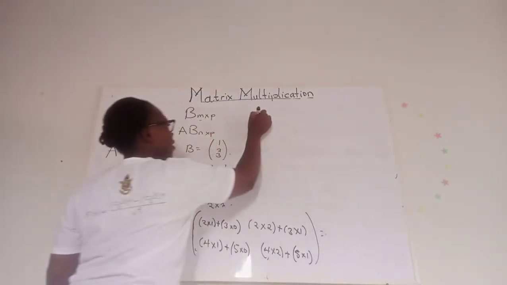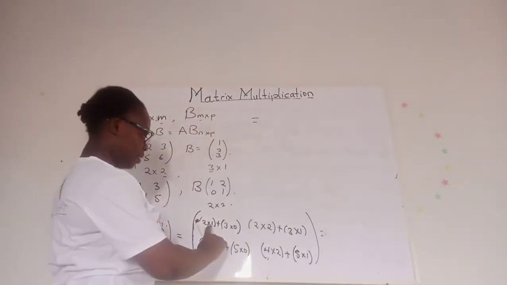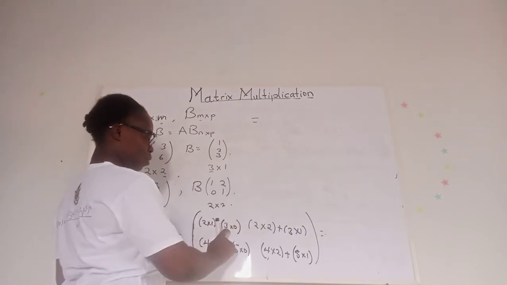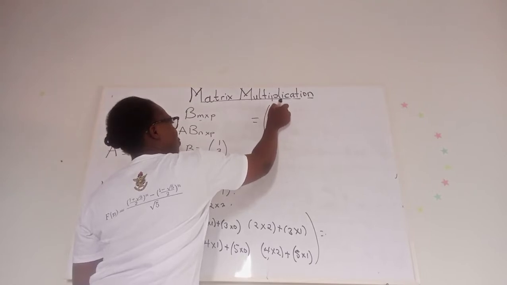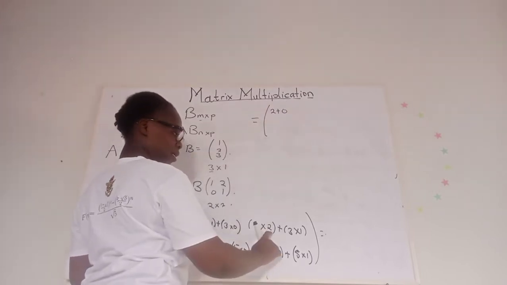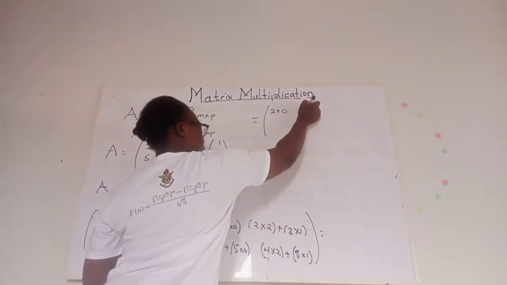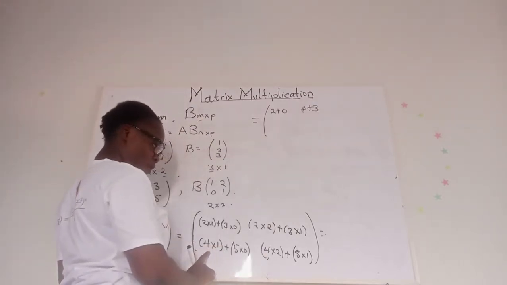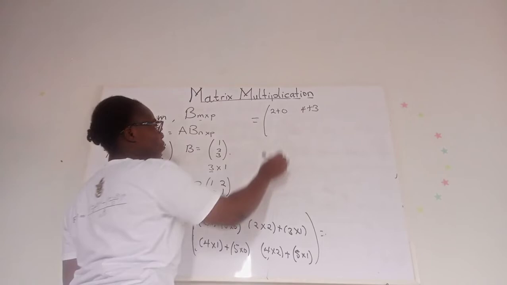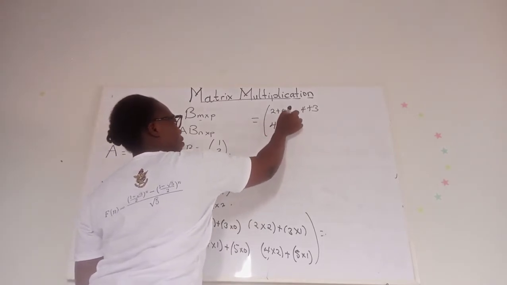Let me write here. So what do I get? 2, and this is going to give us 0. So I have 2 plus 0. Then this is 4 plus 3. Then 4 plus 0.